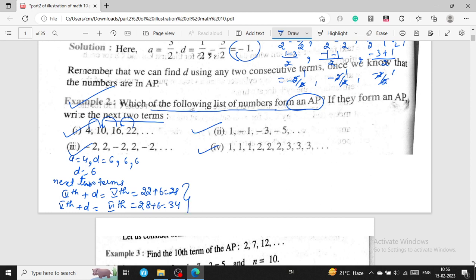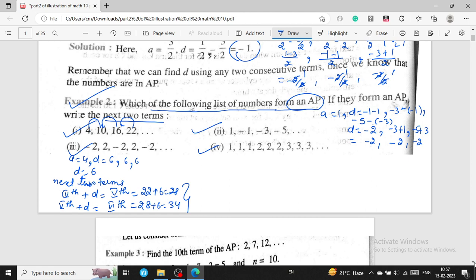In the second question, the second part, we have given A is 1, D is equal to minus 1, minus 3 in bracket, minus 1, comma, minus 5 minus 3 in bracket. D is equal to minus 3 minus 1, minus 2, then minus 5 minus 3, minus 2, minus 2.